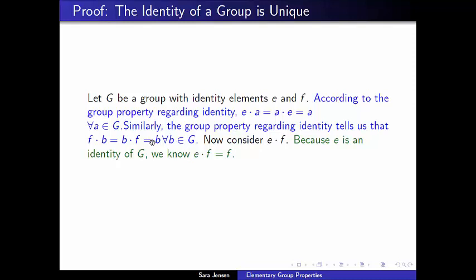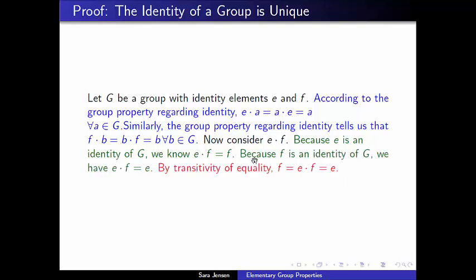E can just take on the role of B in this equation right here and be any other element of the group. When we do that, we look at E dot F, thinking of F as special, as an identity of the group, and E as any old element of the group.